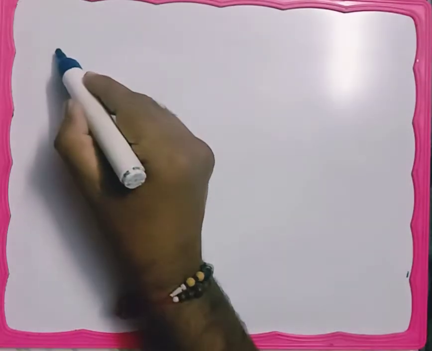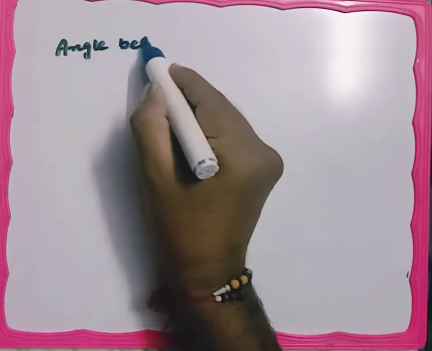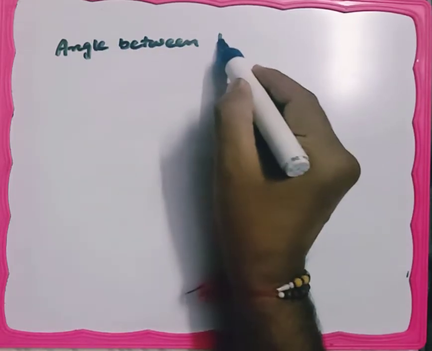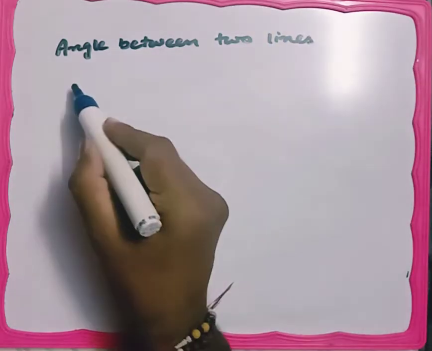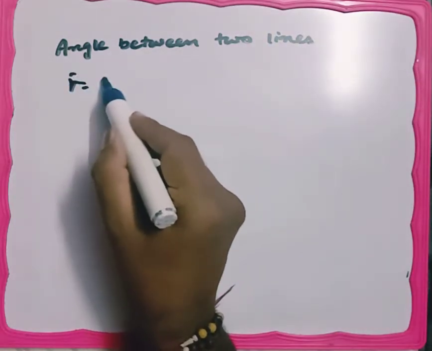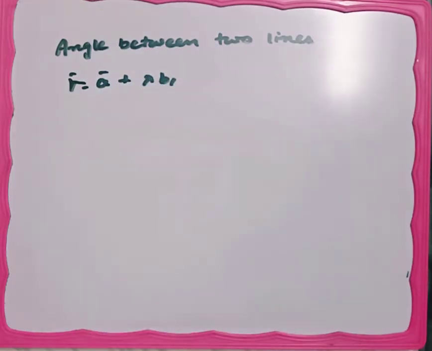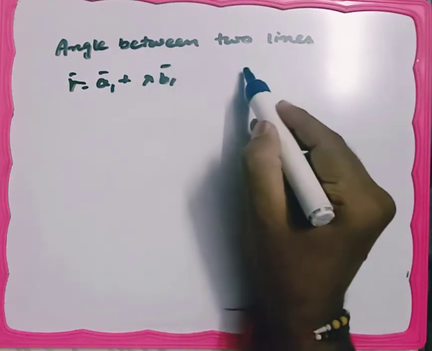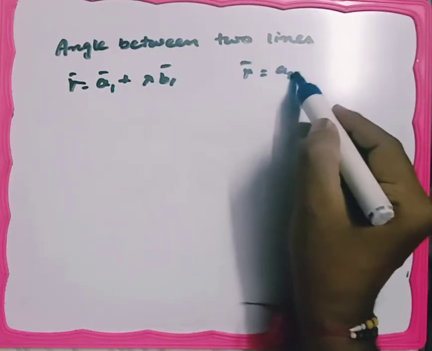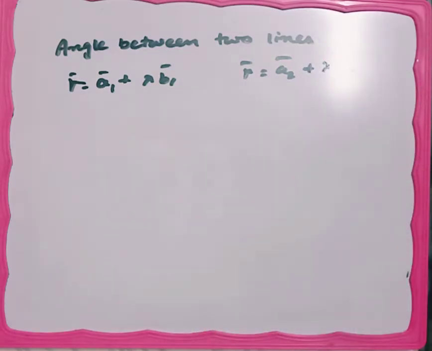Now we will see the angle between two lines. So let r bar equals a1 bar plus lambda b1 bar, and r bar equals a2 bar plus lambda b2 bar be two given lines.